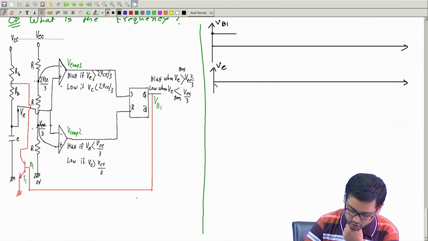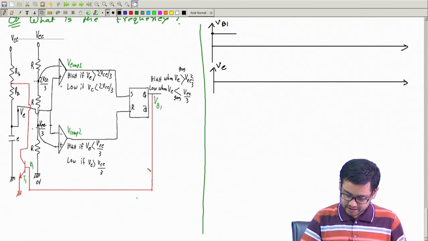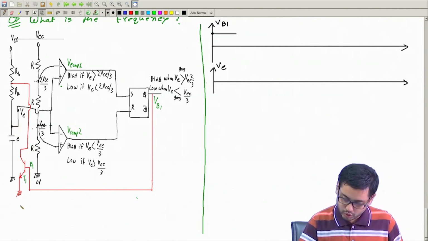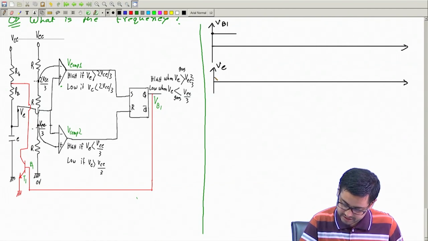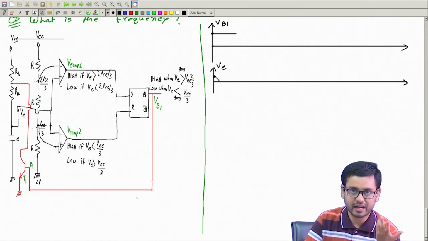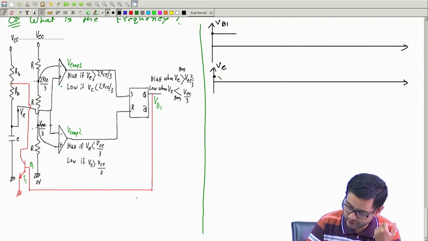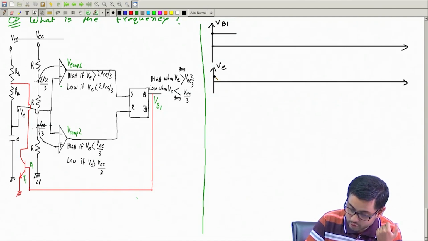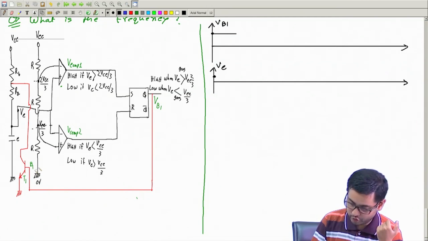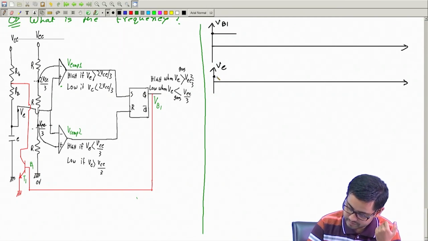If this is initially high, then the capacitor is discharging through Ra. The capacitor voltage has some initial value, once again an assumption, then it will discharge and go towards zero voltage.